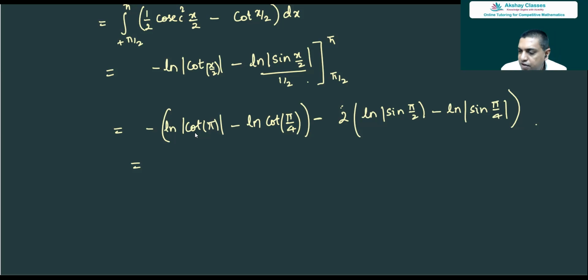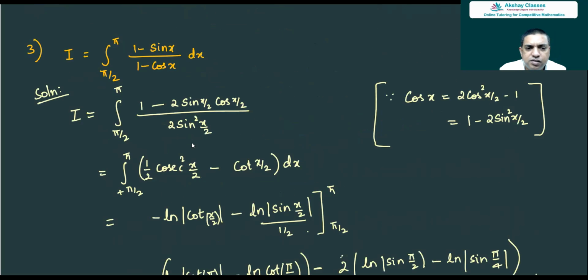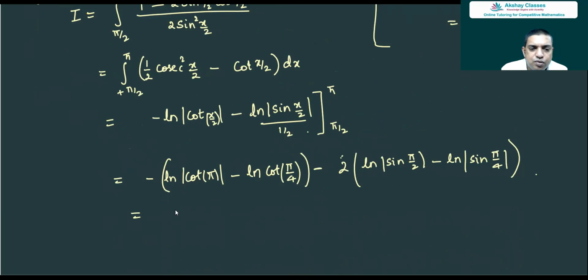This goes to infinity actually. So this goes to infinity and this goes to 1. So this is 0 minus 2 times log 1 is 0 minus log 1 upon under root 2. Answer.